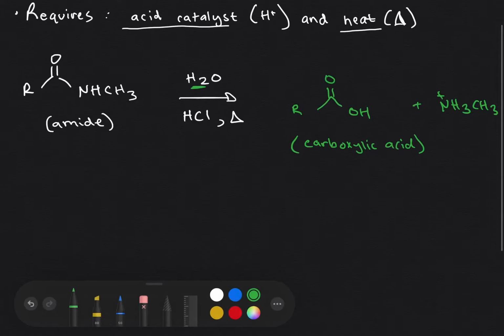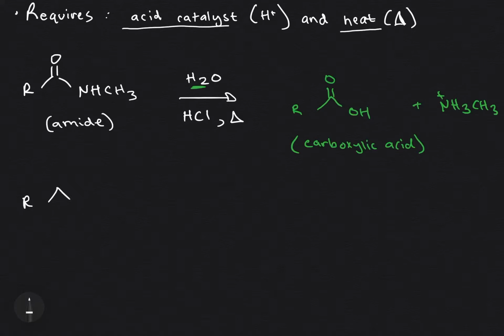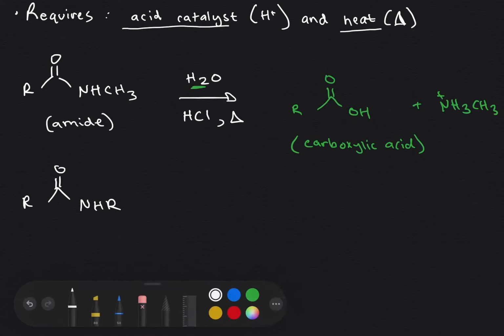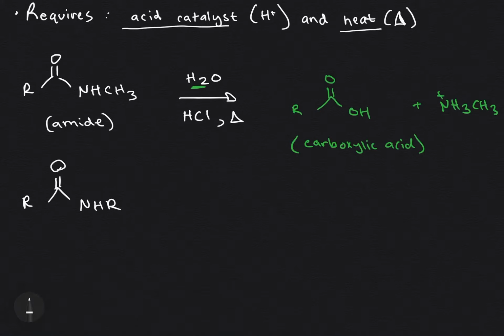Okay, so let's try another one. Let's just do NHR, just because that could be any group of carbons there. It's still going to react the same. So let's react it with this alcohol, like this. And we know it's going to need HCl and heat.